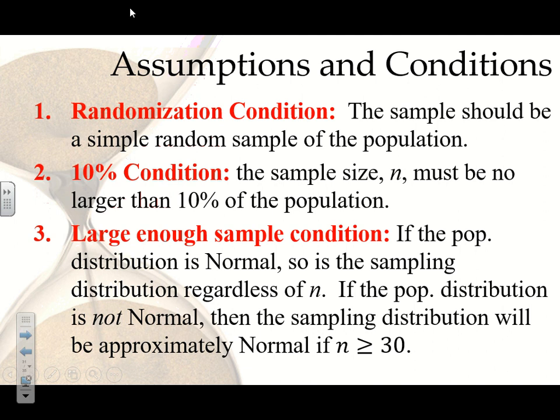If the distribution is not normal to begin with, so if they tell you the distribution is skewed or something of that nature, now we need to think about what our sample size looks like. In order for us to assume normality, we need a sample size of at least 30.